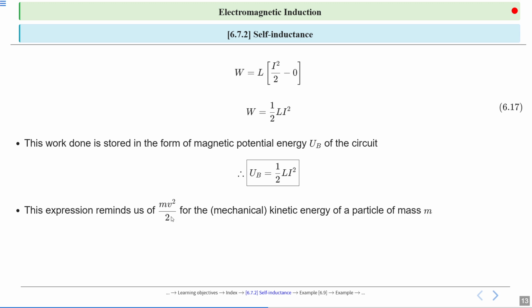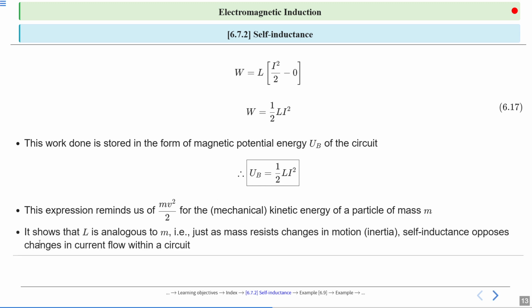We have already mentioned that this is the inertia of electricity, and in mechanics mass is the measure of inertia. More mass, more inertia. Less mass, less inertia. So L is analogous to m.